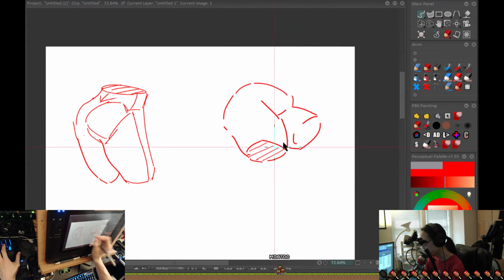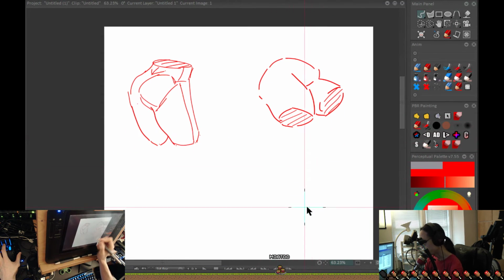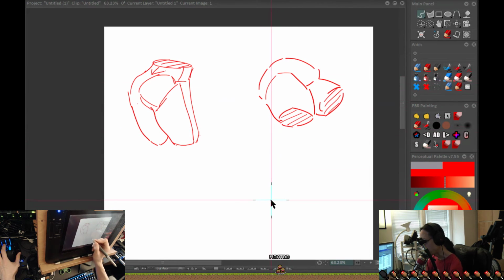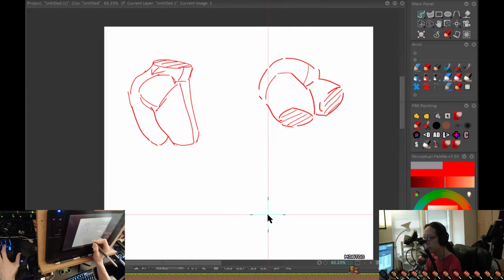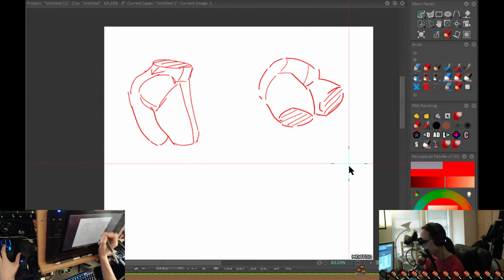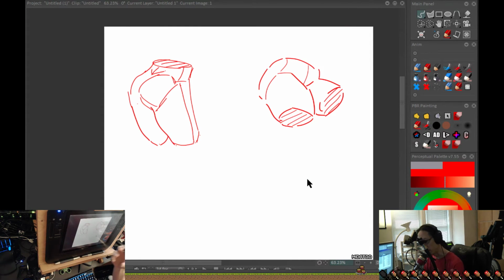But again, here's the simple breakdown. And you don't have to draw that bit, you don't have to draw that bit either. But they are there just to show you, this is my way of showing my work, just showing you that I know what I'm doing.